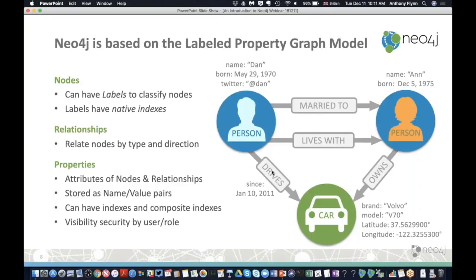You'll note that the person type has a set of properties, the name, date of birth, Twitter handle, for example. And indeed, the relationships also have a set of properties. So with a graph database, it's perfectly possible to query the data, obviously, very simply, but also the relationships between data. Properties are stored as name-value pairs, so it's a simple, very extensible model. And you can put indexes both on data types and on the relationship types.